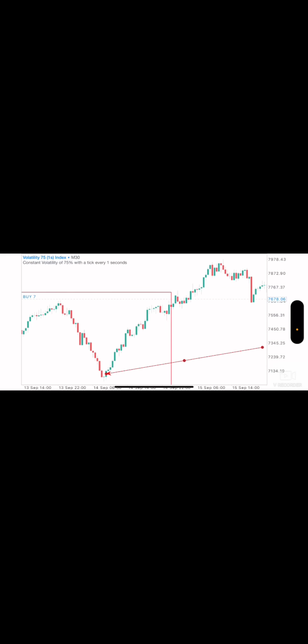Now this is the 30-minute time frame, and as you can see on my screen, a doji is formed at the bottom of the trend. This is it. Now the candles formed on both time frames signify that the trend is about to change.